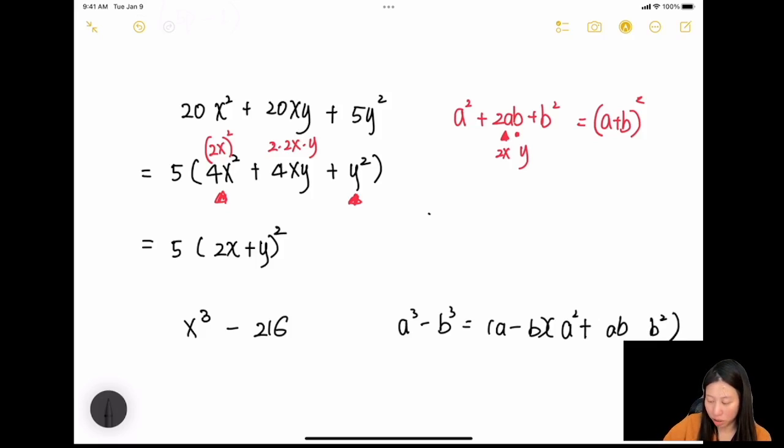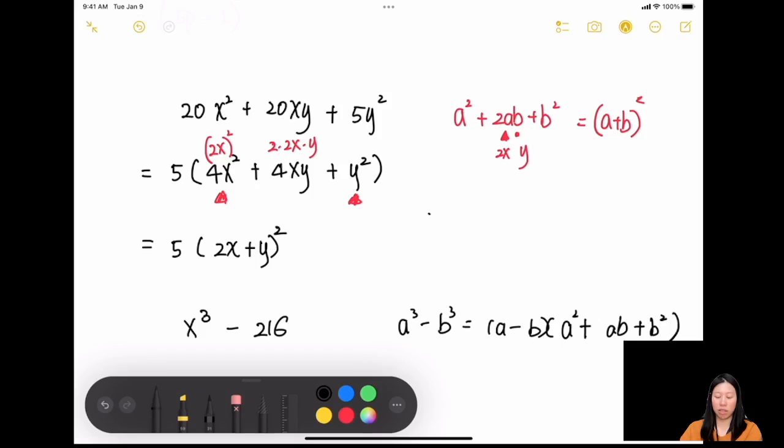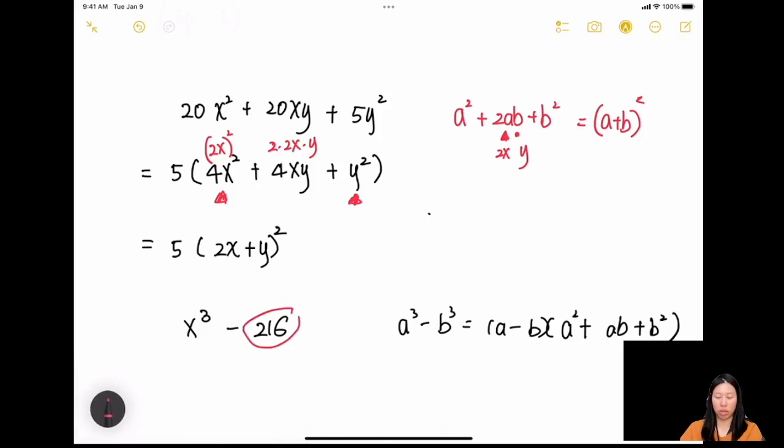Same, opposite, always positive. Okay, so what will be our a? a is our x, really straightforward. So now 216 is going to be our b cubed, but we need to find our b.